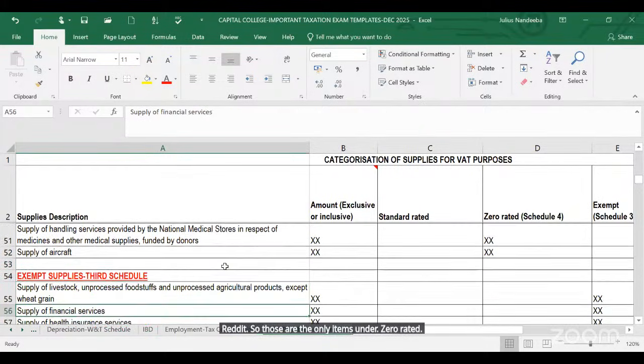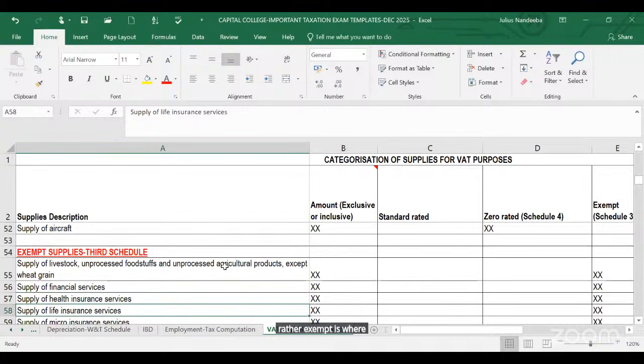The exempt is where you actually need to pay more attention. And this is how, if you can't remember them, you can at least guess. This is how you're going to guess. Most of the services that we call essential services are largely exempt.